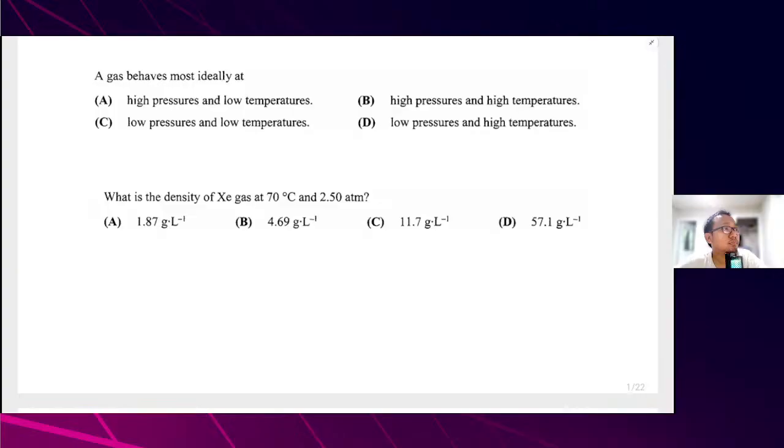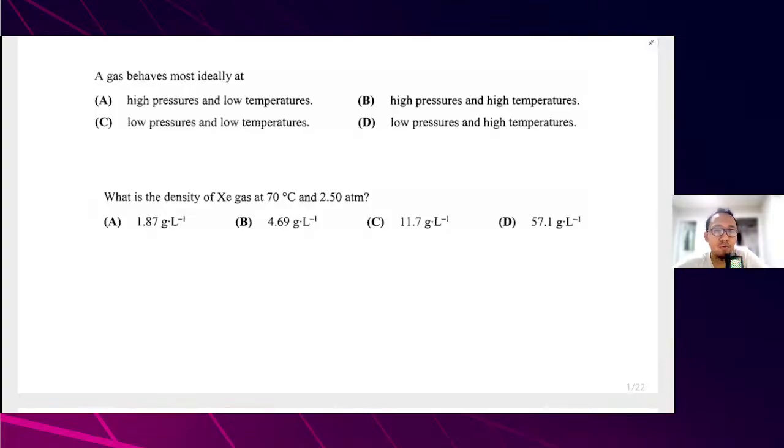So yeah, about the states of matter. This topic covers the ideal gas, the kinetic molecular theory, and this diagram, and intermolecular forces of pure substances, and so on.